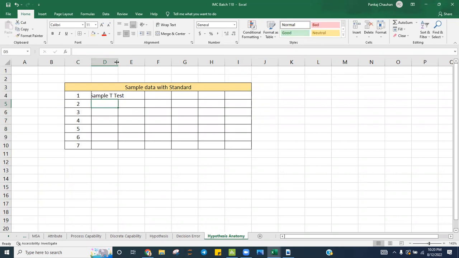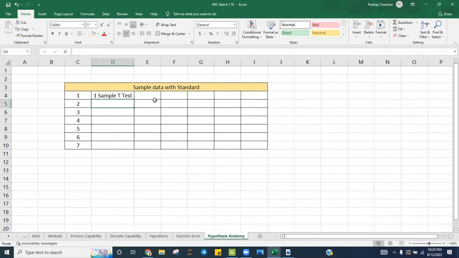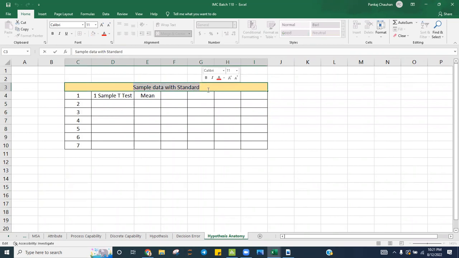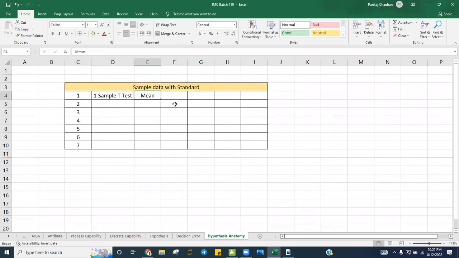We perform the one sample t test when you are comparing the mean value, which means you are comparing the average of the target with the average of your observed data. Because here we are comparing sample data with the standard. So you have a standard mean and you are comparing the sample data mean which you have collected. Then we use the one sample t-test.